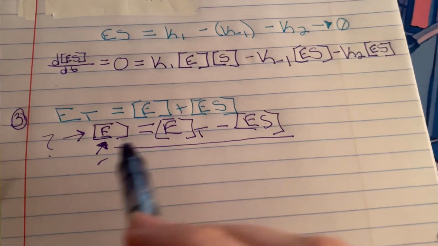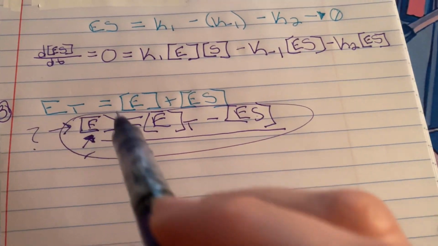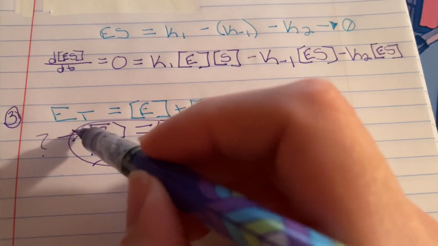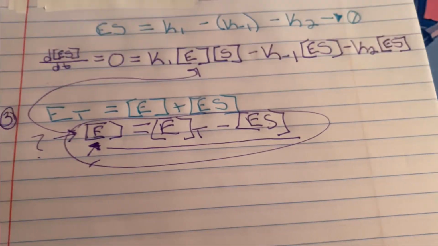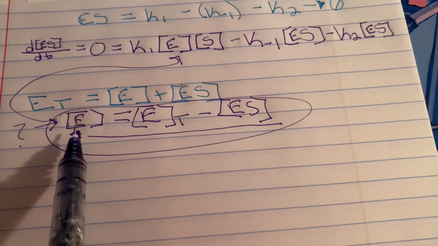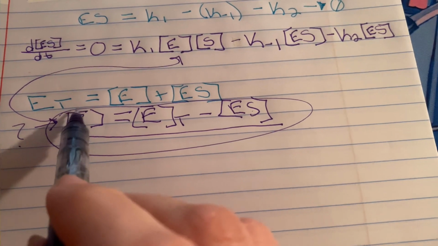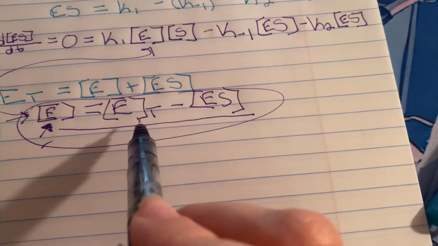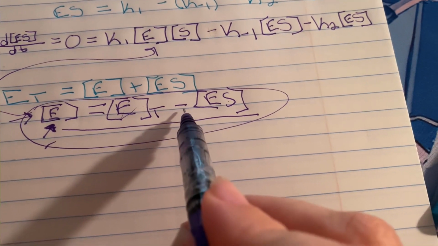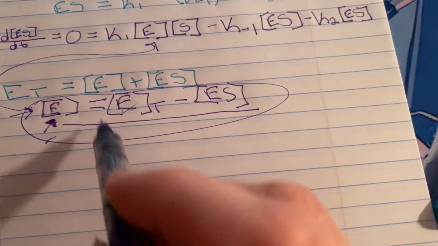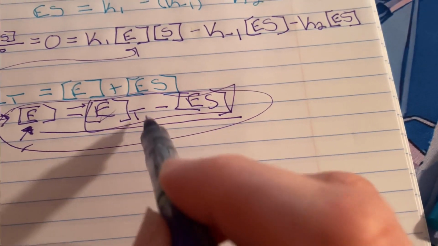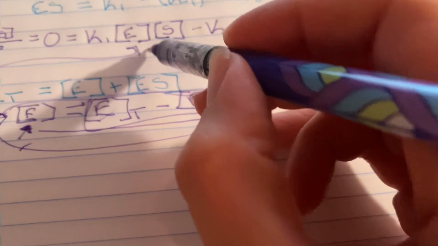So what we're going to do now is sub this equation into E that we have here, because as we see here, this E is going to equal E sub t minus enzyme substrate. So this is going to go in place of E. I'm going to go ahead and write that out.